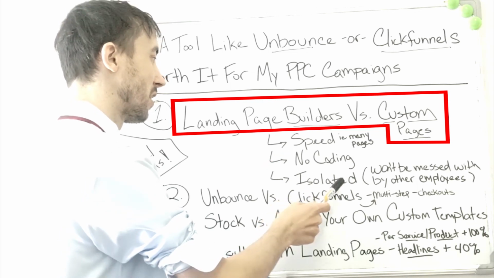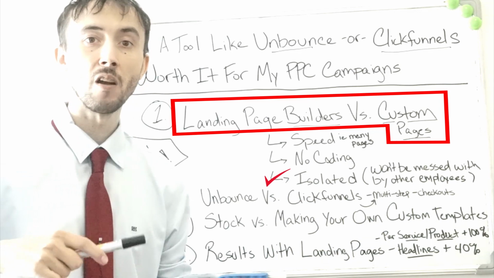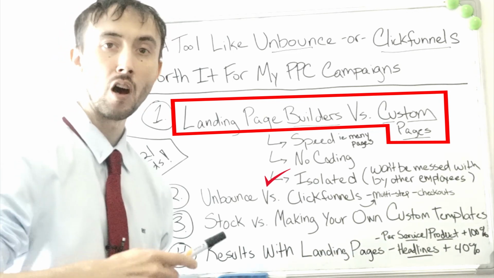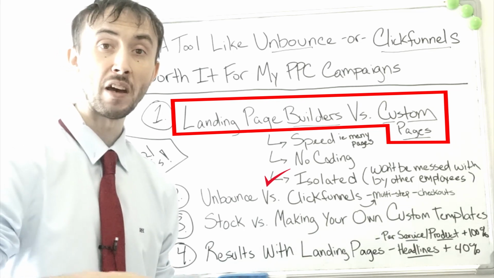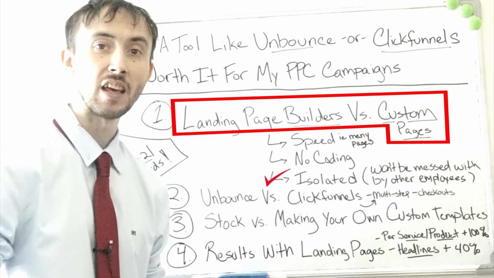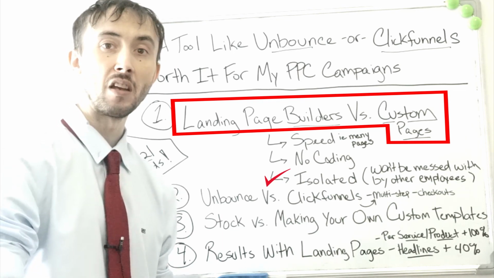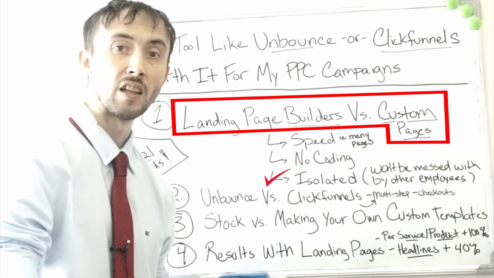And of course, the other thing is the landing page tool, since you're hosting your landing pages offsite, is going to physically isolate them from the rest of your site. So if you have a hack, if you have malicious code put on your site that will harm your site, Google will shut off your ads and will not let you run them.